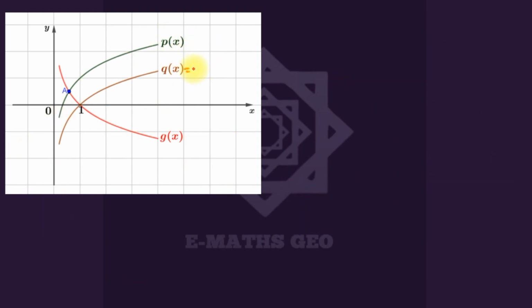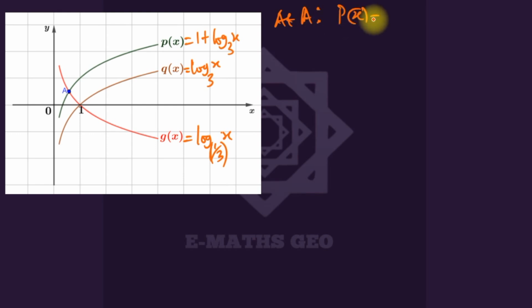So Q of X is log base 3 of x, P of X is now 1 plus log base 3 of x, and G of X is now log base 1 over 3 of x. So at the point of intersection at A, P of X is the same as G of X, they are equal.